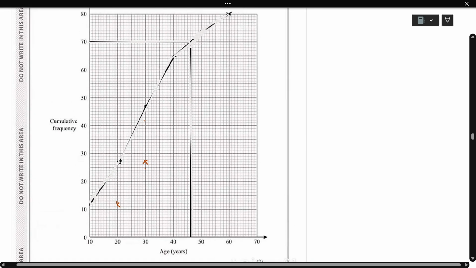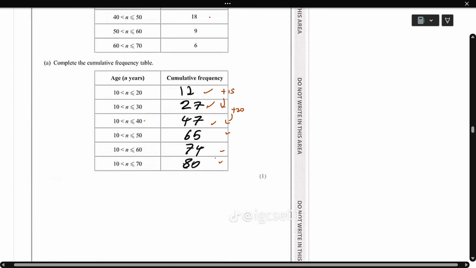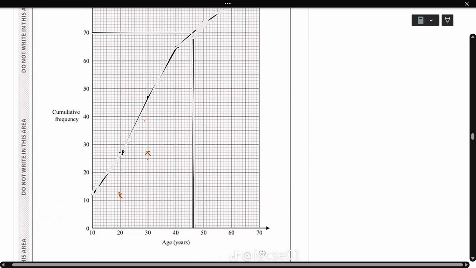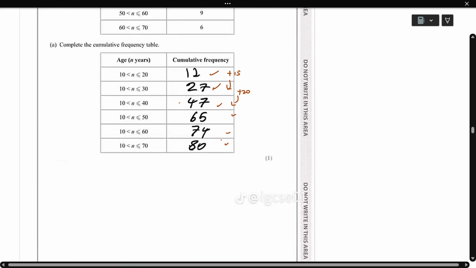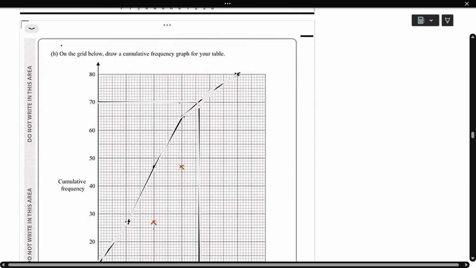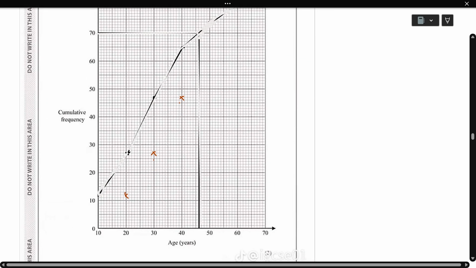Next, 40 is going to be 47. Next, 50 is going to be 65.